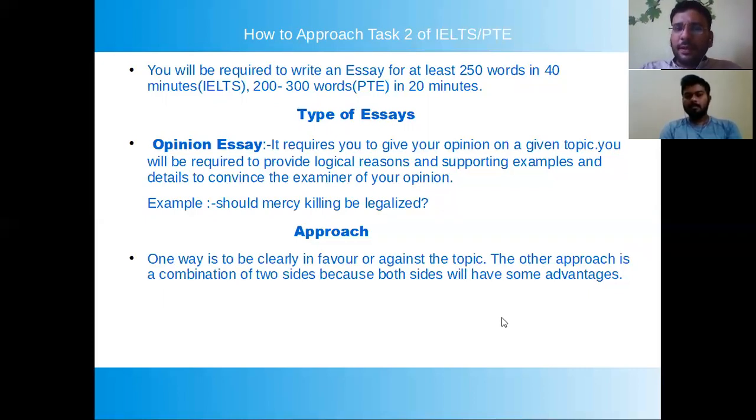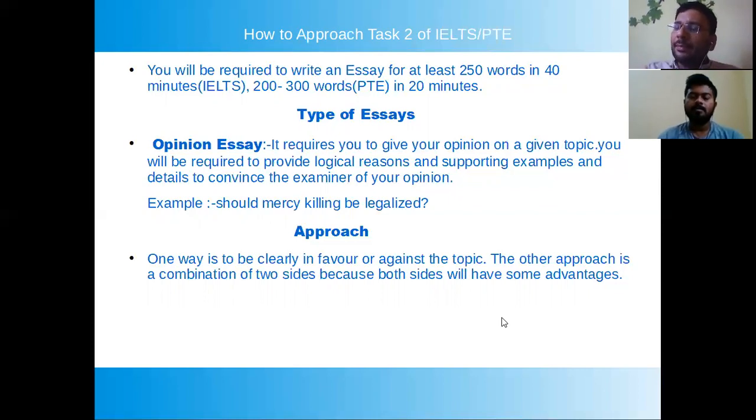In an opinion essay, you have the liberty to support the given point, or oppose the given point, or even take a very balanced approach, right? You can even take a neutral stand. You can talk about positives, talk about negatives, and then sum up with a neutral opinion as well. So it's not about your take on the subject, it's about how well you're able to convince the examiner.